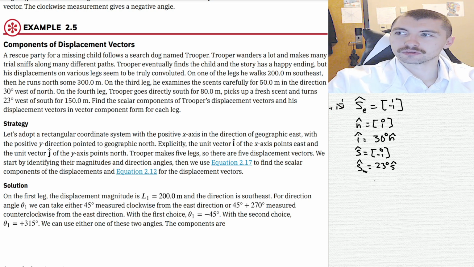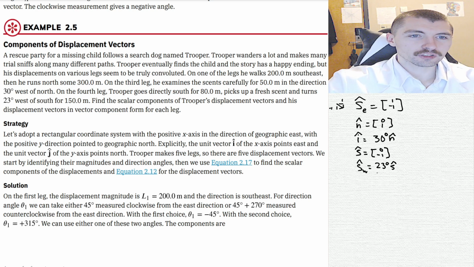Okay, so find the scalar components of Trooper's displacement vectors and his displacement vectors in vector component form for each leg.